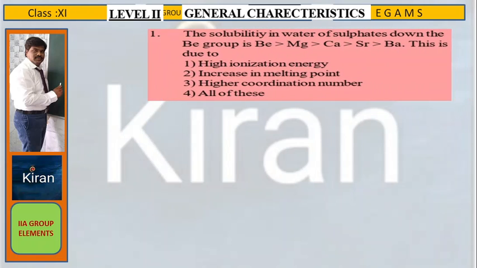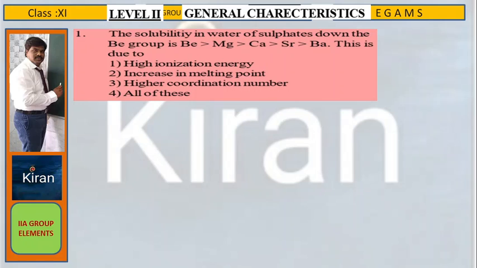The solubility in water of sulfates down the group is: beryllium is greater than magnesium, magnesium is greater than calcium, calcium is greater than strontium, strontium is greater than barium. This is due to, from beryllium to barium decreasing, because of high ionization energy, increase in melting point, higher coordination number, or all of this.